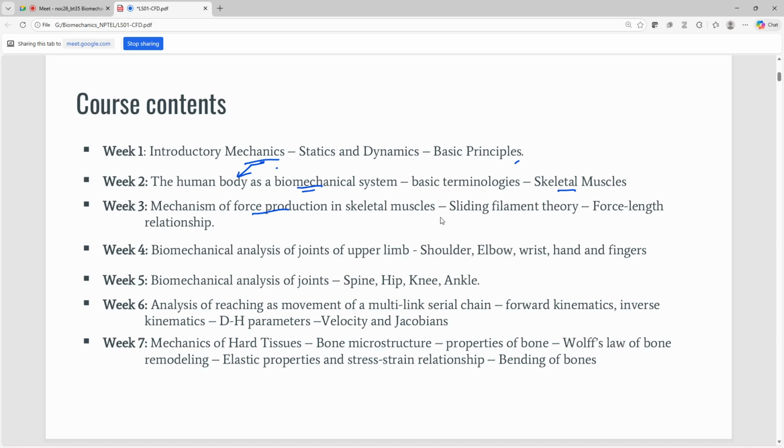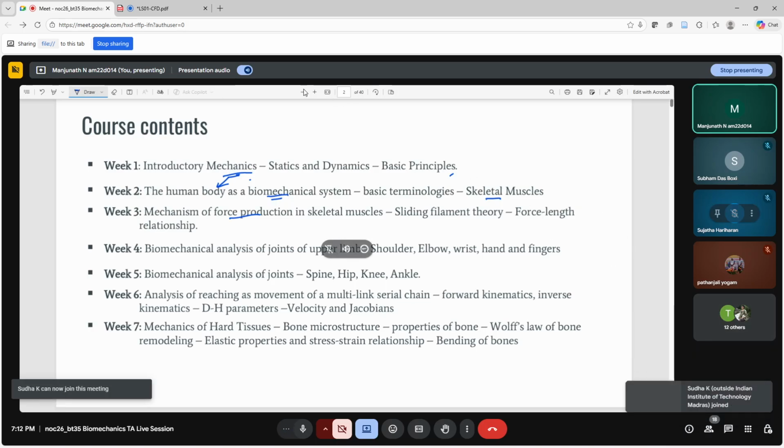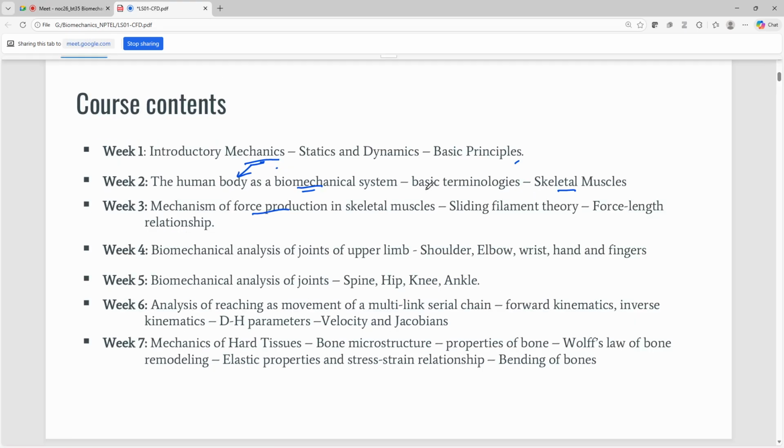For that, there are different theories. One of them is called the sliding filament theory: how the filaments of the skeletal muscles slide over each other, and how the contraction and extension of these muscles develop force. That is what we discussed in the third week.